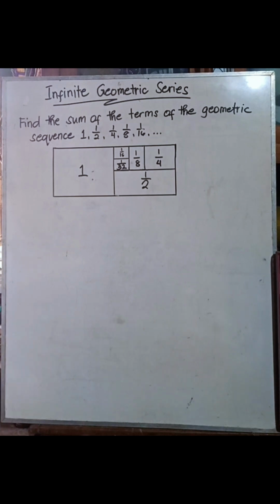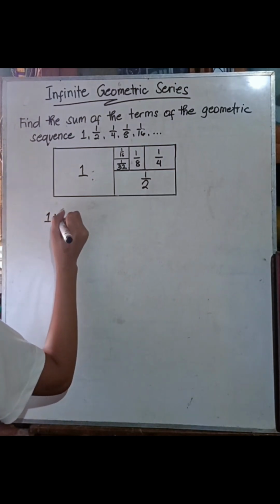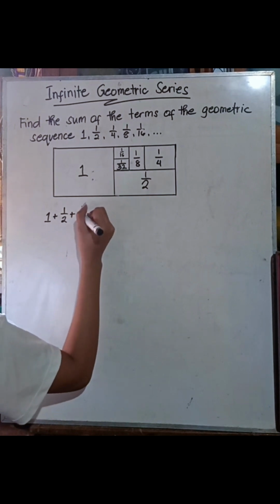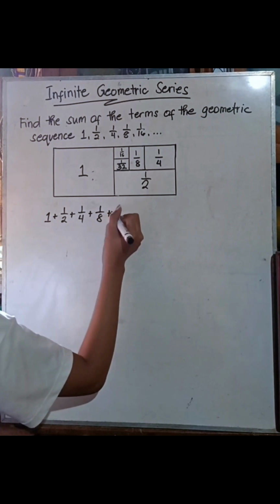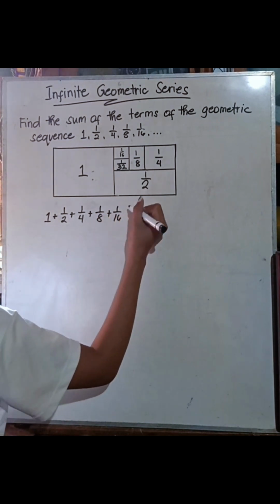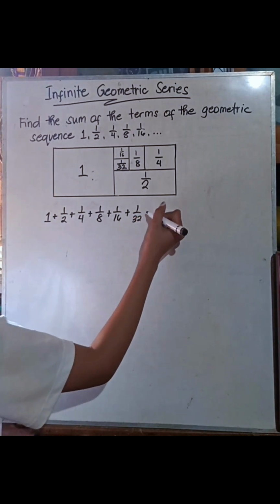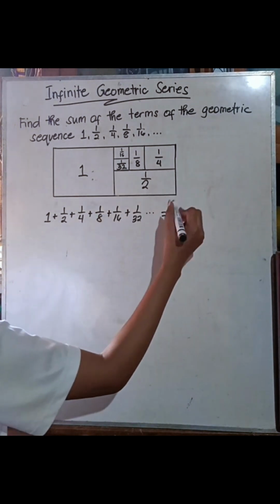In mathematical statement, we can write the sum of the areas of the rectangles as follows. So, pwede nato ni siyang i-add into 1 plus 1/2 plus 1/4 plus 1/8 plus 1/16 plus 1/32 and so on is equals to 2.